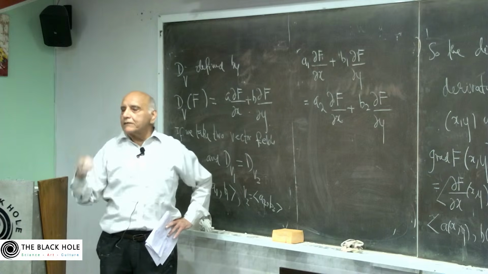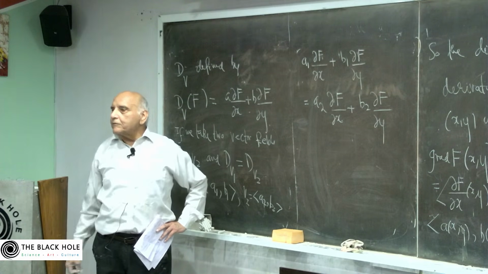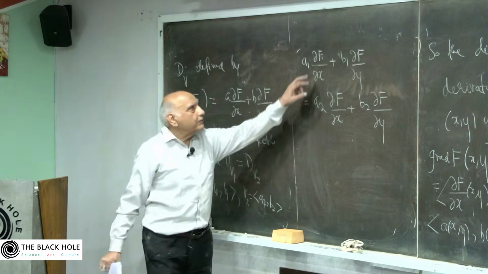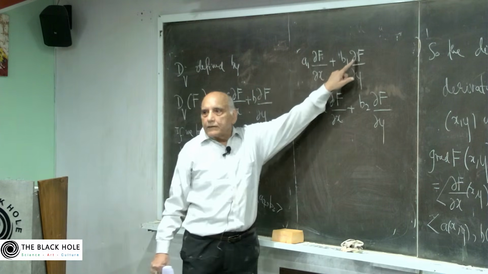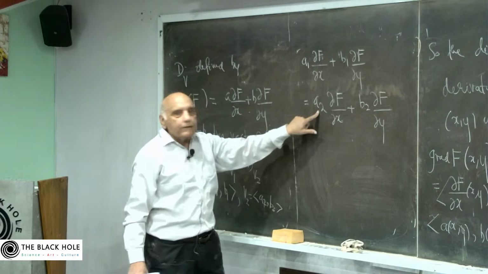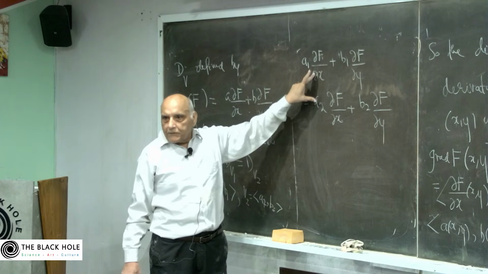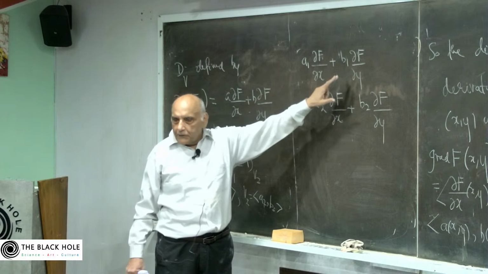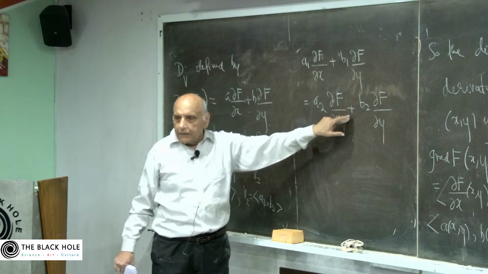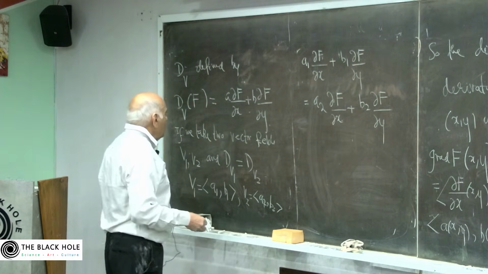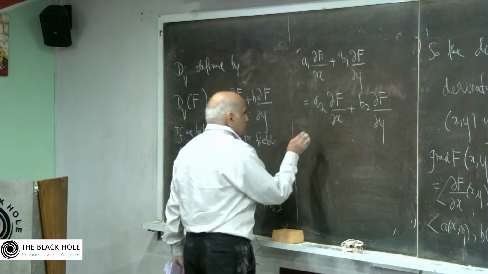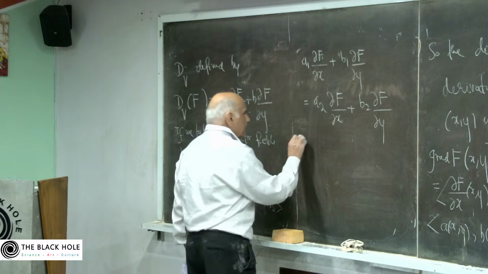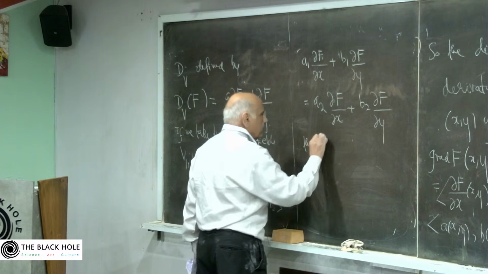What are the easiest functions we can think of? f is equal to x. If I put f equal to x, what do I get here? A1 and this 0, and here A2. So A1 must be equal to A2 and B1 must be equal to B2, right? So if dv1 is equal to dv2, then v1 is equal to v2.